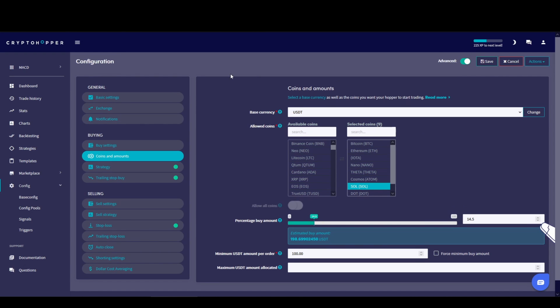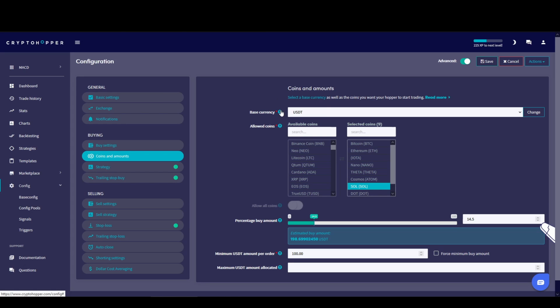Now I have selected my coins, and same thing with your base currency, guys. It doesn't matter what base currency you're using, as long as it's a stable coin. I really recommend using any kind of USD, USDT, USDC from Coinbase or whatever, because this is the most popular one. But the currency itself, we don't care.